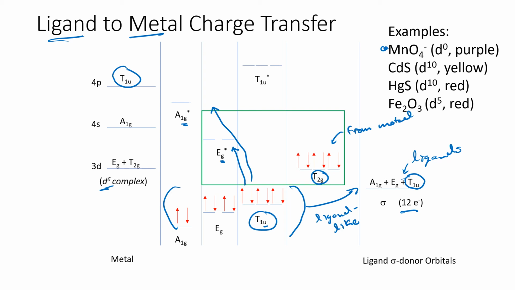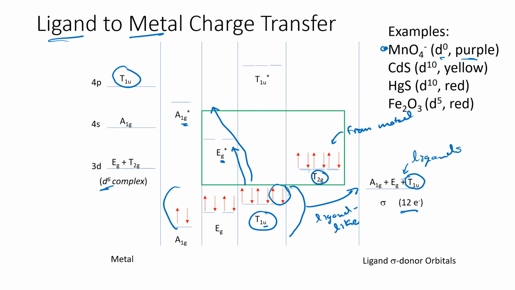And it is a really dark color, and it's a D0 complex, meaning that these orbitals right in this area right here are all empty, right? And so that's a case where we would have a transition from maybe a T1U orbital like here. This is usually the highest occupied ligand-like orbital into this empty T2G orbital, right?